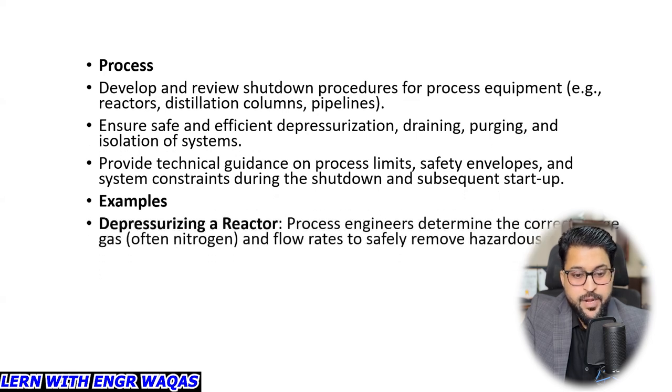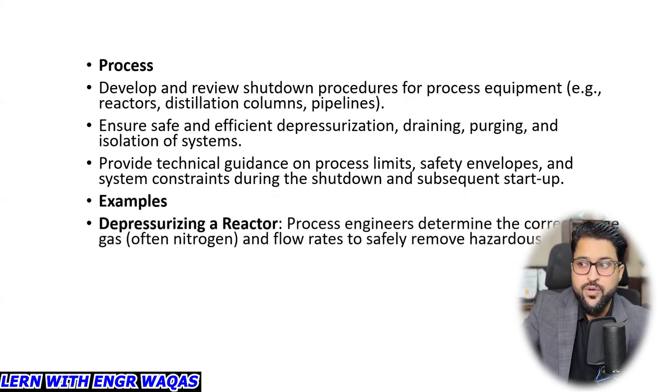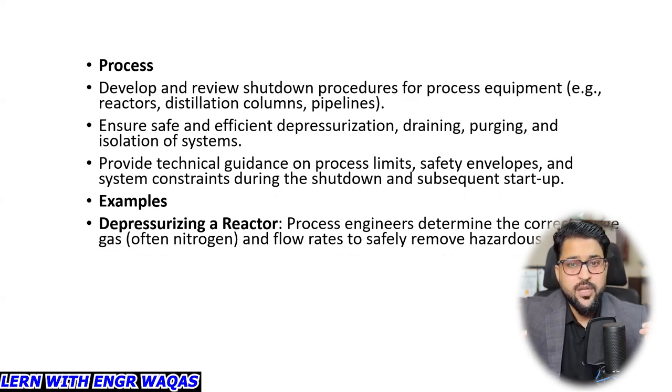Example: depressurizing a reactor. Whenever you conduct a shutdown, turnaround, or outage, you need to make sure it is conducted in a safe way. For safety, you need to depressurize. In oil and gas, these are high pressure and high temperature jobs, so you need to depressurize. You need zero hydrocarbons inside your tanks and your pipelines.